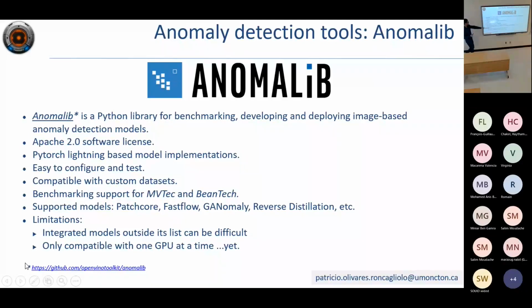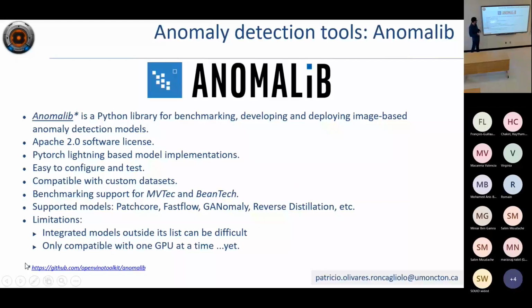It's only image-based, so if you are searching for models that work, for example, for acoustic signals or any kind of sensor-based signals, probably it's not very helpful, but if you are looking for something that works with images, it is a very good, very robust library.